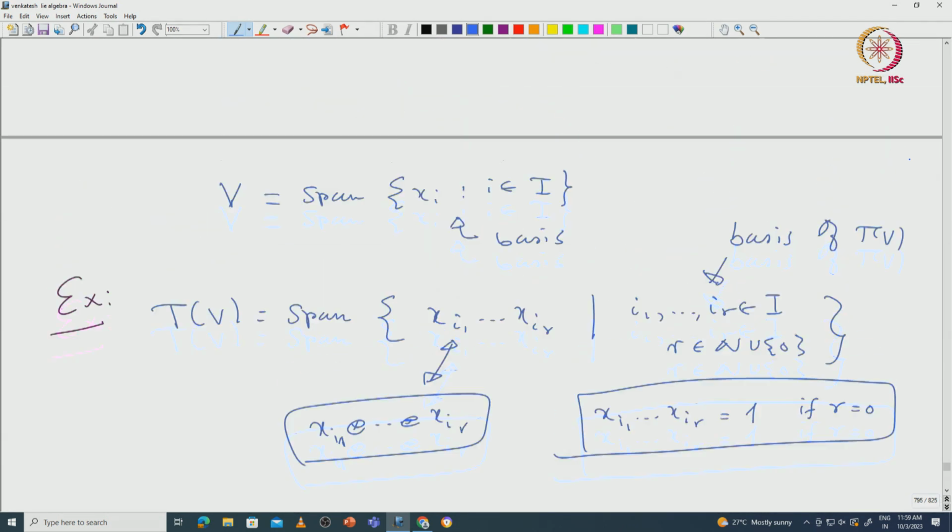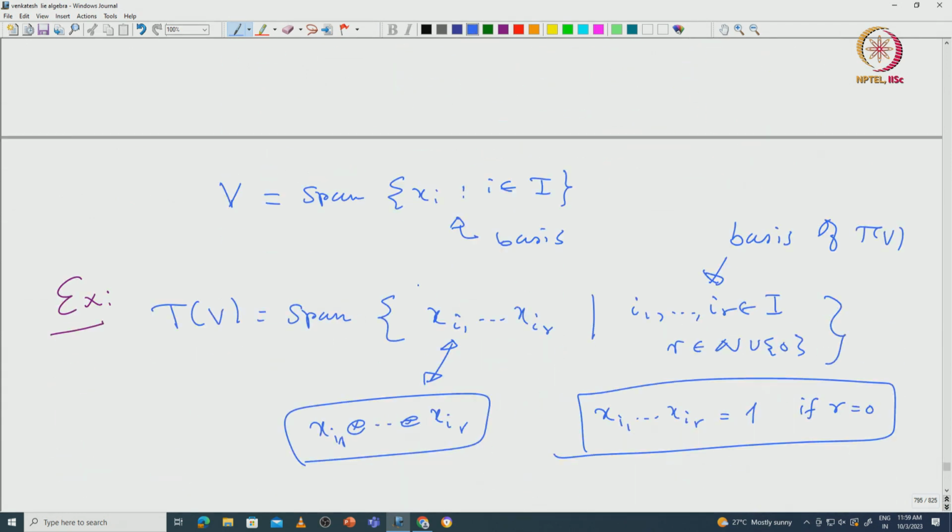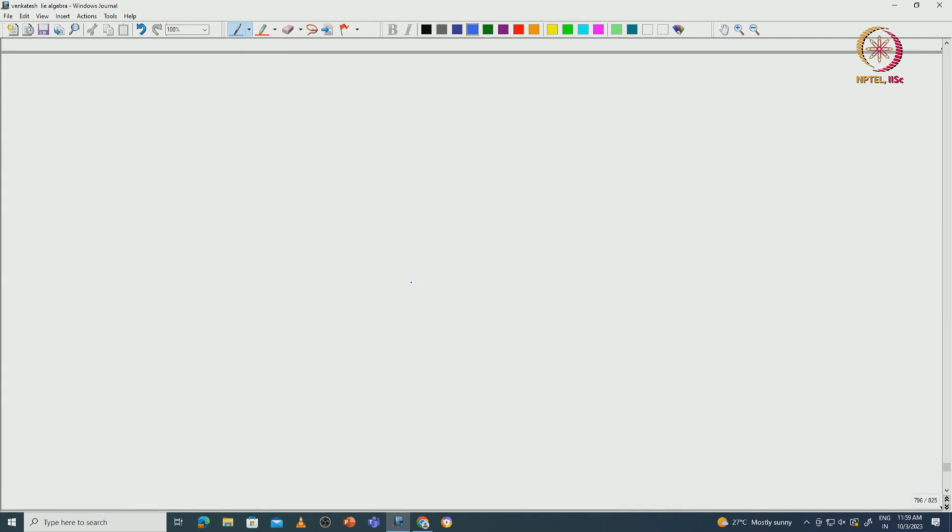So now if you go back to this universal property, this is what somewhat motivates us to define what is called a free Lie algebra. If we are interested in the free Lie algebra, what could it be, let us say generated by capital X? So capital X is given by a subset {xi}. Then first of all, what is the free associative algebra generated by this set X? Let's see what it is.